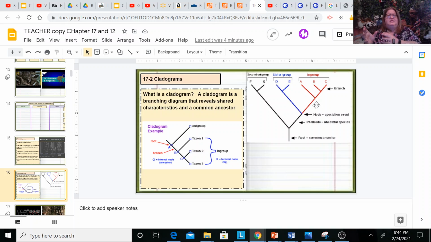Mammals can, but they both are four-legged animals. And so they have a common characteristic, the four legs, but then they have a split and you have cold-blooded versus warm-blooded. And so that would be how we use our branches to illustrate that.